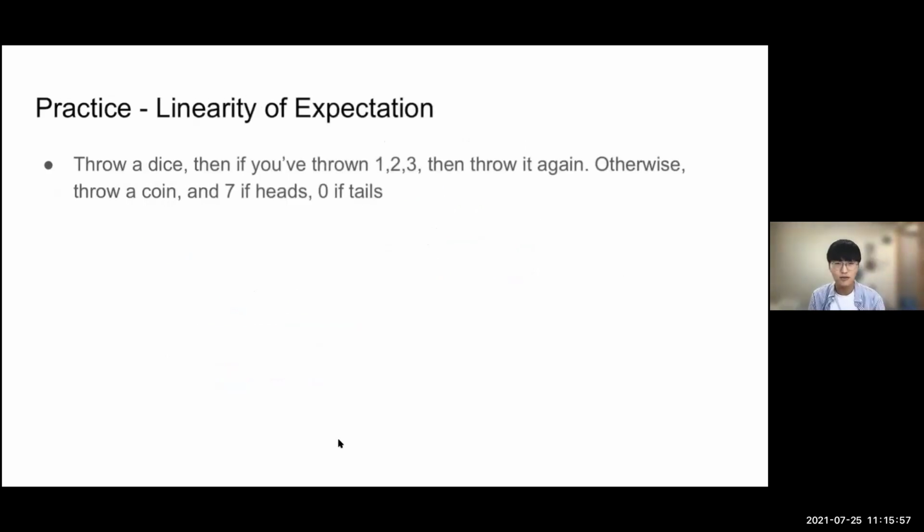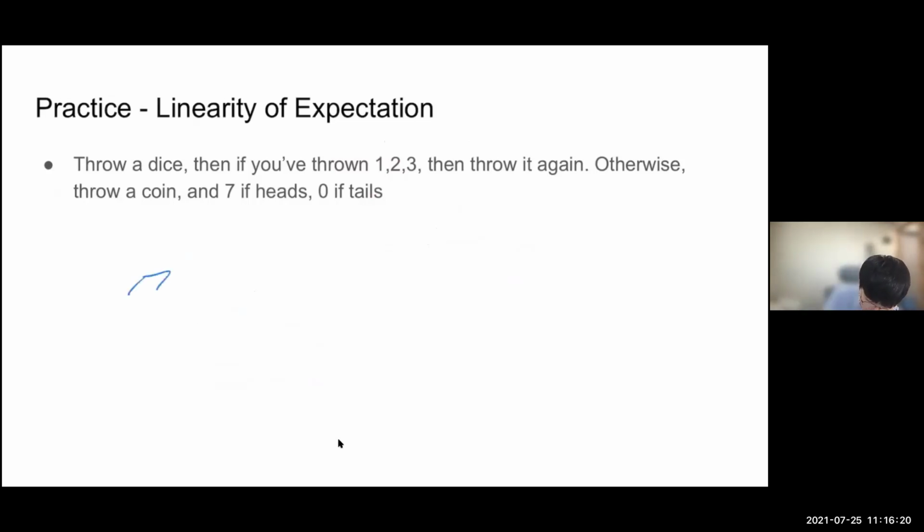So here, you throw a die, and then if you throw 1, 2, or 3, then you throw the same die again. Otherwise, if you have thrown 4, 5, or 6, then you throw a coin, and you get 7 if you throw heads, and 0 if you throw tails. Maybe I should draw this.